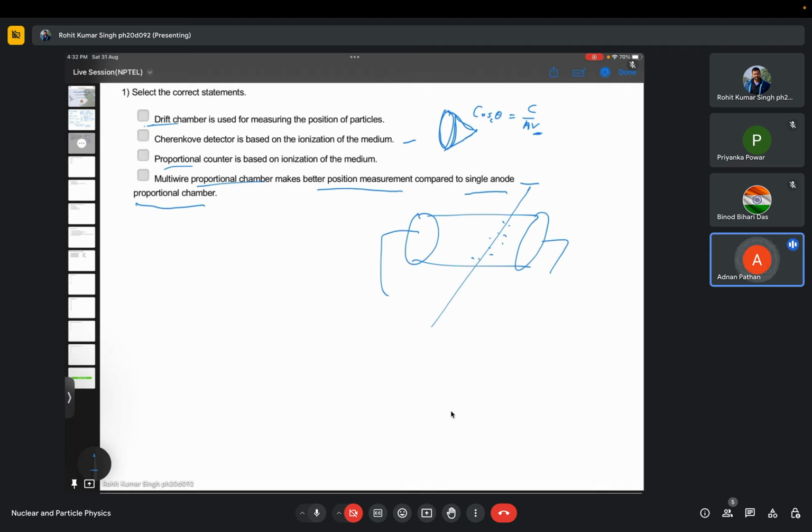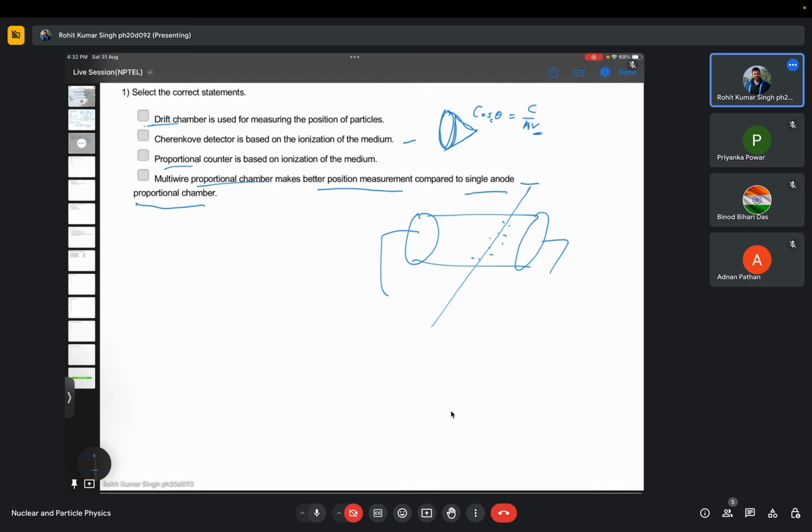But the particle itself is not radiating anything. It's not releasing anything. No, the only thing is, the radiation comes from the charged particle, right? The particle that is traveling is the one that radiates. You can read about Cherenkov radiation and how it happens.